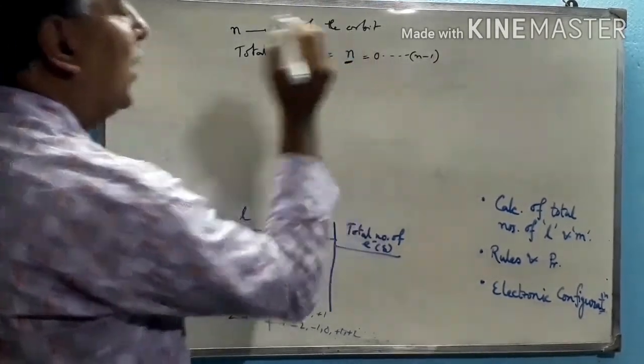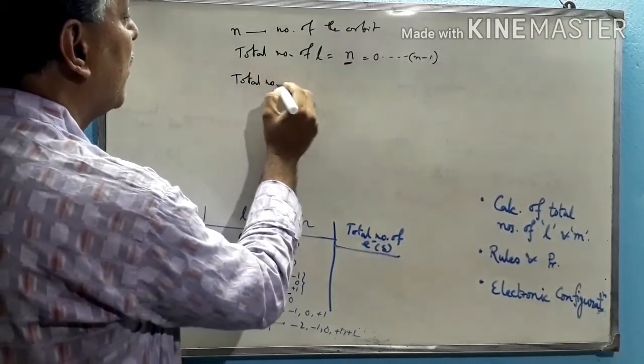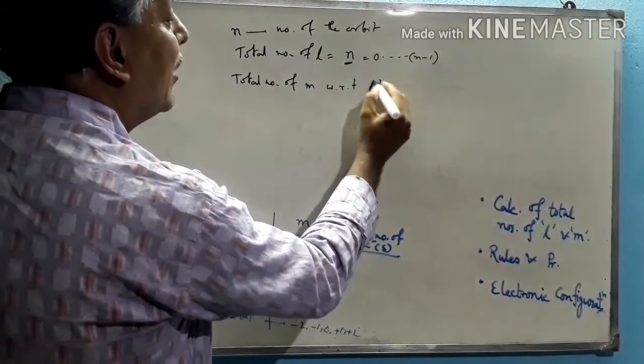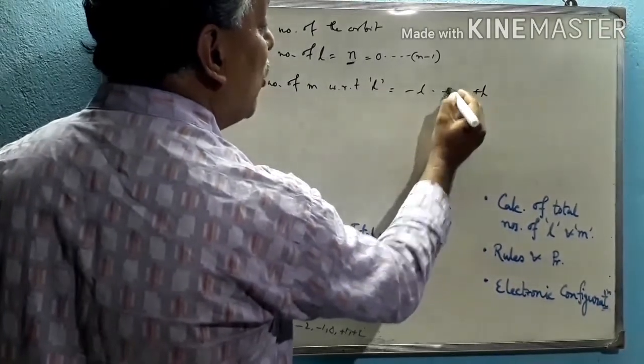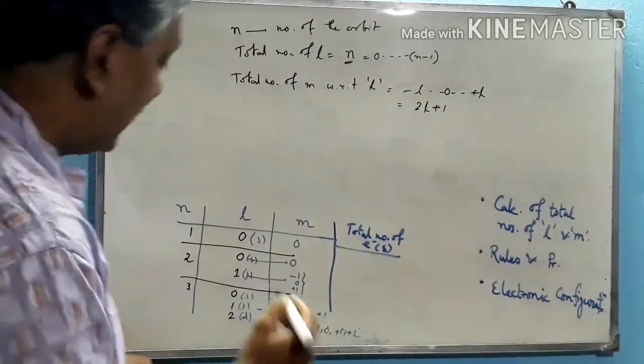That's why the total number will be equal to n. Now the total number of m with respect to l: minus l to plus l including 0. Therefore 2l plus 1. These are the total values of m.